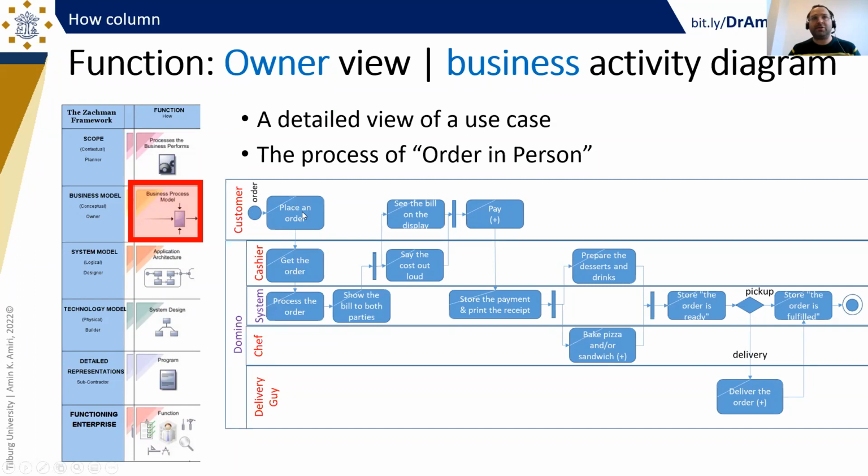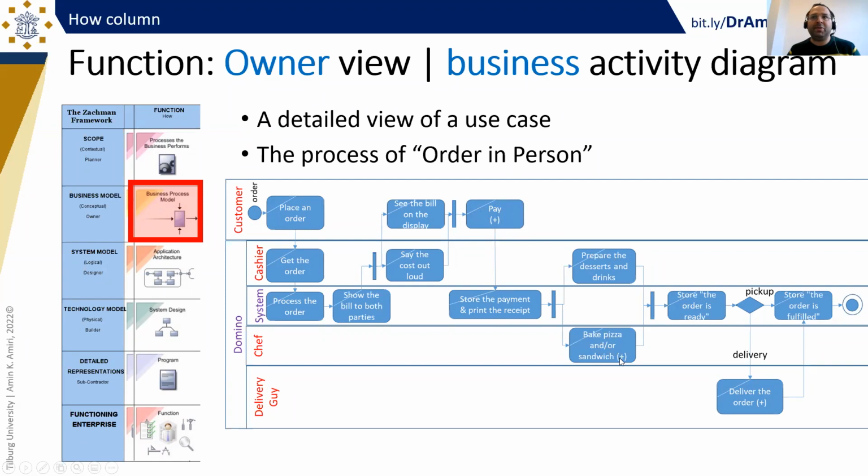You can see that the customer starts it, he places an order, the cashier gets the order, enters the order in the system, it processes that, it shows the bill, the cashier has to say the cost loud, the customer sees the bill and pays. You see this plus here, that means that inside this function, this step of payment, there are several other steps. We just don't show them at this moment. There is another business process diagram for that.